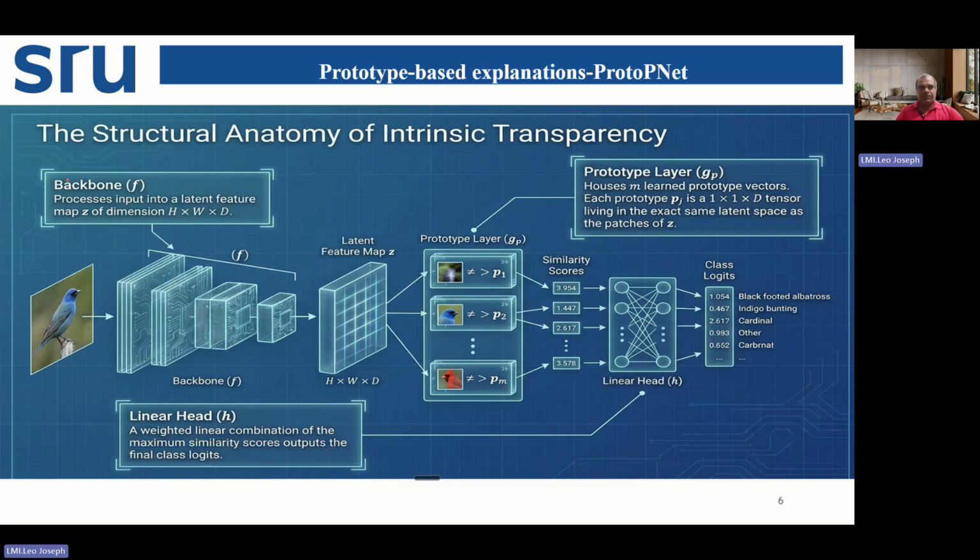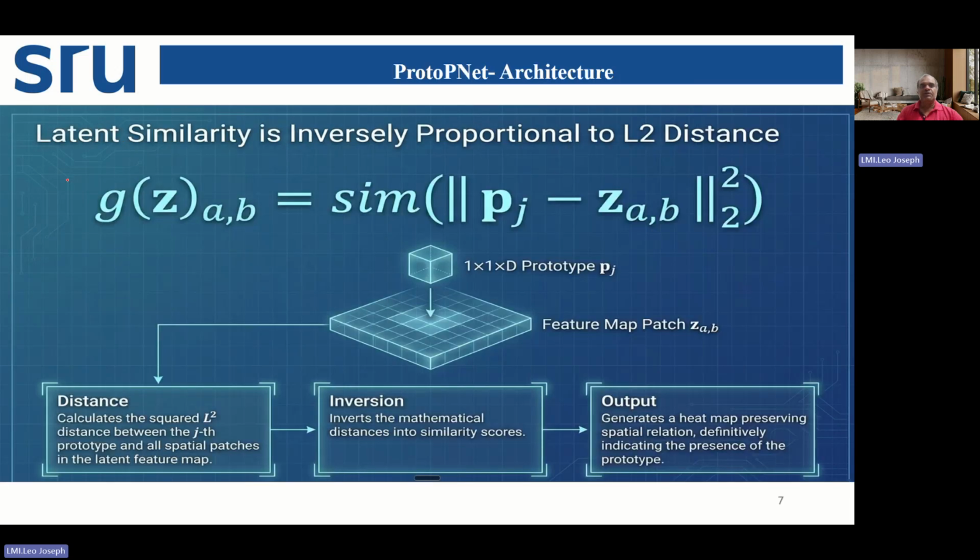Usually, we first process the input into a three-dimensional feature map, that is height, width, and depth, the HWD format. I will explain that afterwards. Latent similarity is inversely proportional to the L2 distance.